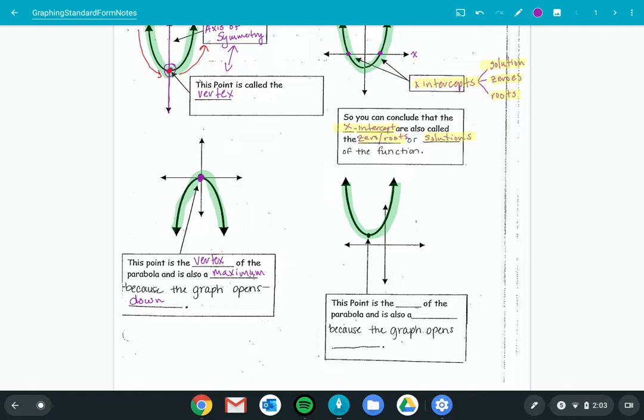Now, on the flip side, what if I flipped that parabola upside down and made it open up? Where's my vertex now? Hopefully you answered at the bottom. So if maximum was the word we used for the highest point, what might be a good word to use for the lowest point? Hopefully you say minimum, because you'd be correct.